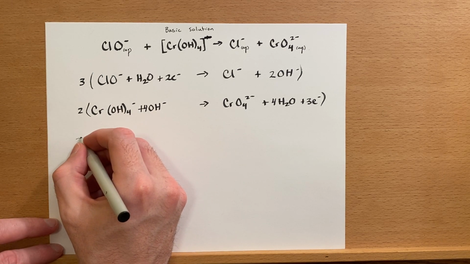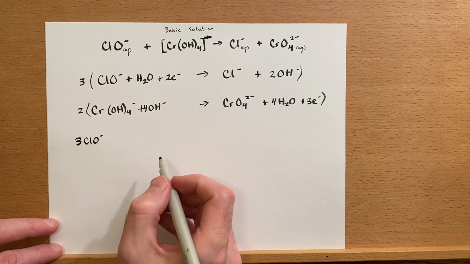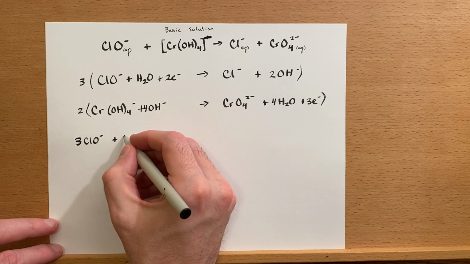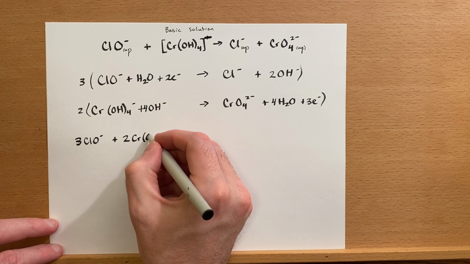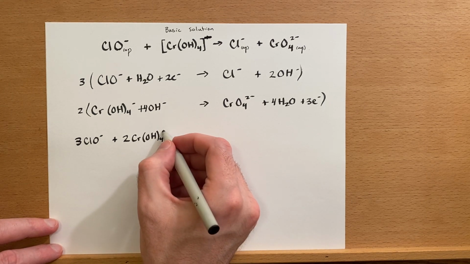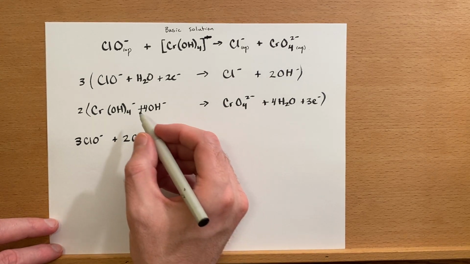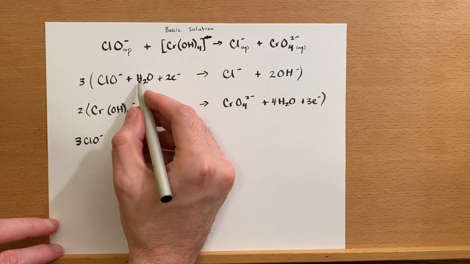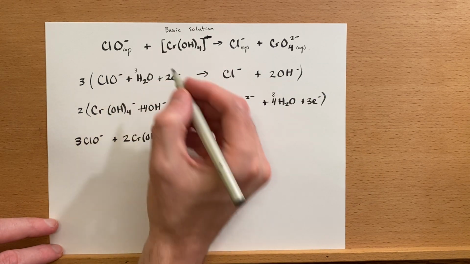So we have 3 ClO negative plus 2 CrOH4 negative. Actually, let's figure out what's going to cancel out before I write it down, because I'm writing in kind of a pen here. So this will be 3 waters right here, and this is going to be 8 right there. So I'll just kind of write that down right up here.